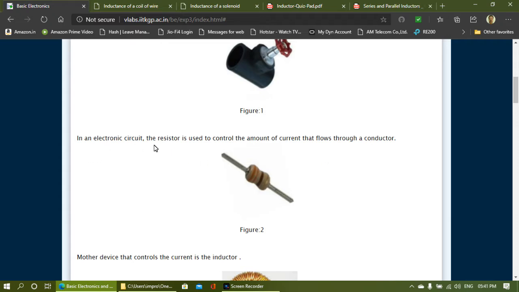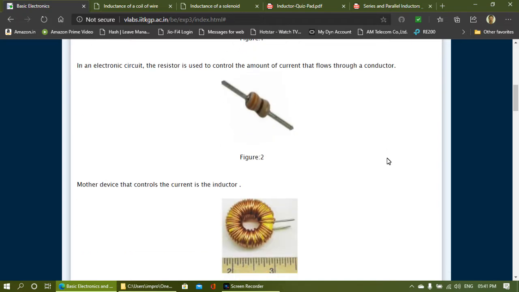In an electronic circuit, the resistor is used to control the amount of current that flows through a conductor. As usual, the inductor is also doing the same thing.